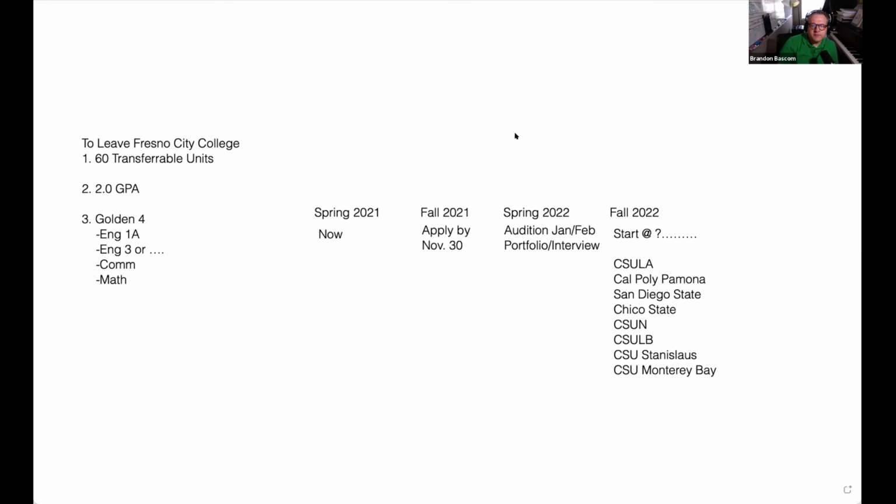If you are a music major, you need to base what you're going to be auditioning on your music now and for next semester. So if you play an instrument, you better know, what are my audition requirements? That's going to require you to look at some web pages. You need to look at the web pages of the schools that you're going to be auditioning at and say, oh, such and such school requires an etude.